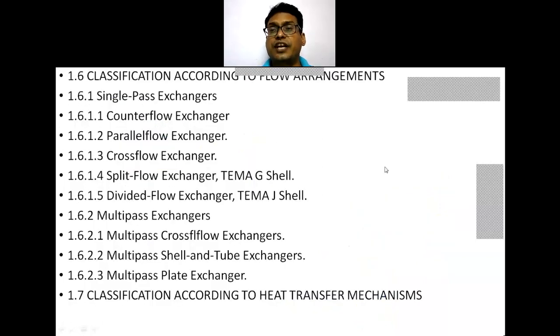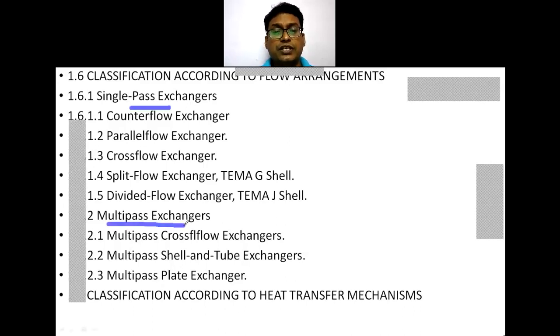The next is the classification according to the flow arrangement. There is a single pass exchanger, and multiple pass exchangers. These are the two major classifications in case of a flow arrangement, whether it's a single pass arrangement or whether it's a multiple pass arrangement.